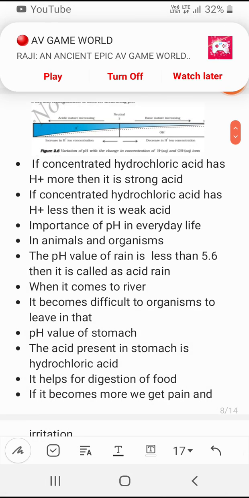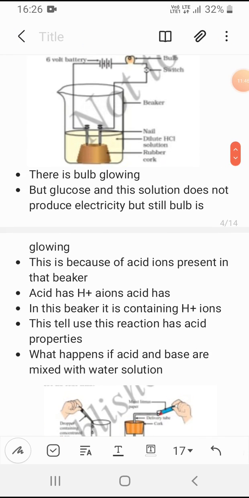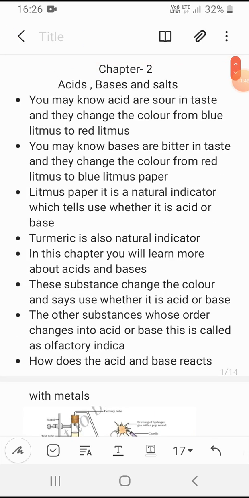This was your chapter, acids, bases and salts. I explained all the concepts of this chapter, whether it may be hydrogen carbonates, carbonates, or metal oxides and non-metal oxides with acids, and plaster of Paris, baking soda, washing soda, sodium hydroxide, and other things.